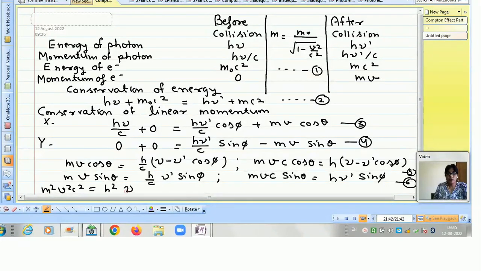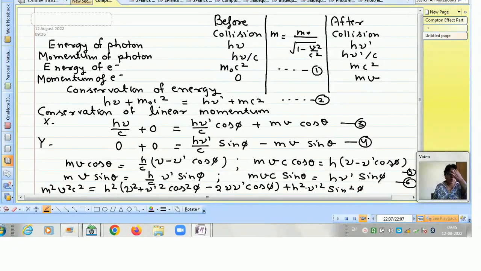So it will be nu square plus nu dash square cos square phi minus 2 nu nu dash cos phi, and then plus h square nu dash square sin square phi.